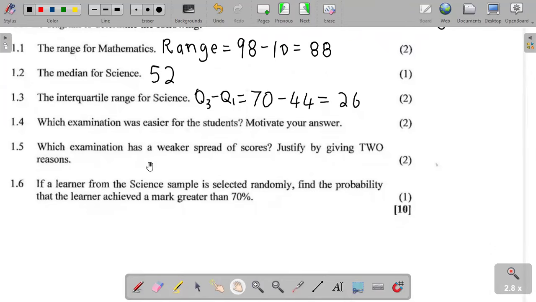Which examination has a weaker spread of scores? Justify by giving two reasons.